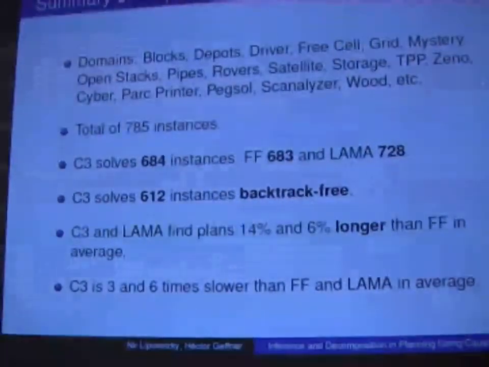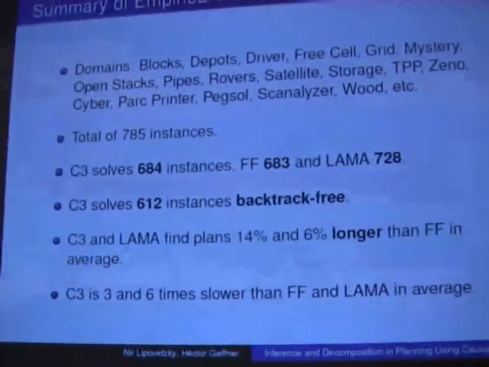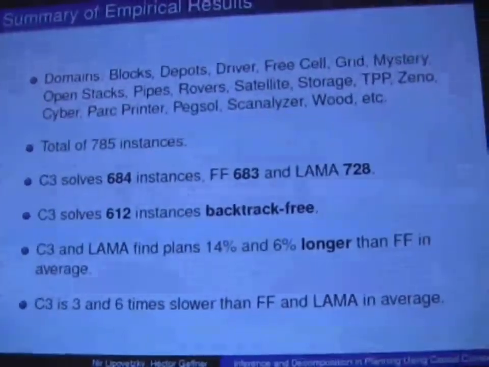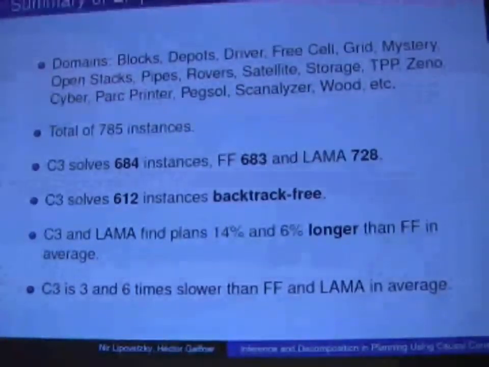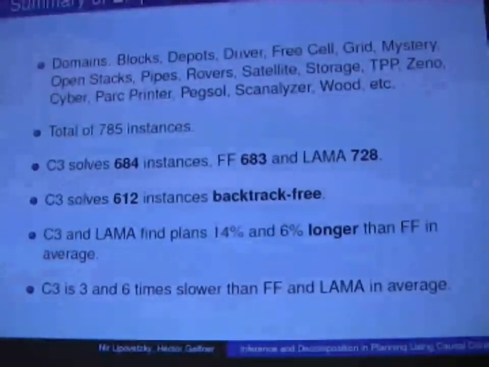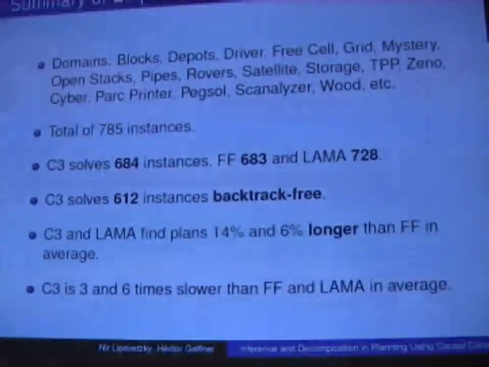Yeah. For example, blocks were all backtrack-free. The one that is really hard is FreeCell. FreeCell is really hard to solve. Which else? Pipesworld also. But domains like satellite, gripper, logistics, blocks, all of them were solved backtrack-free.